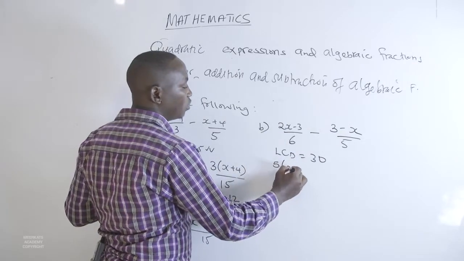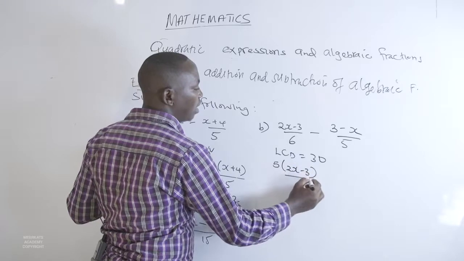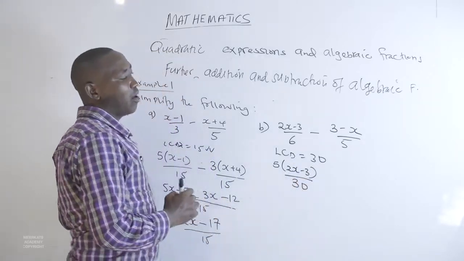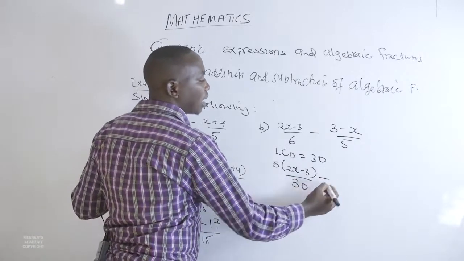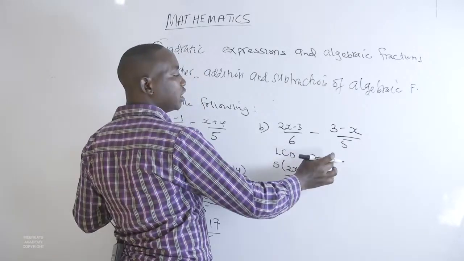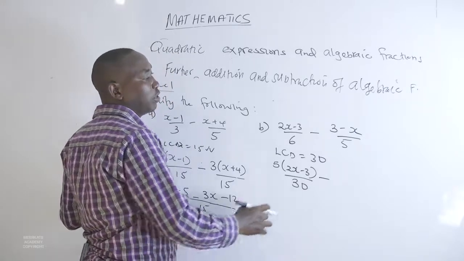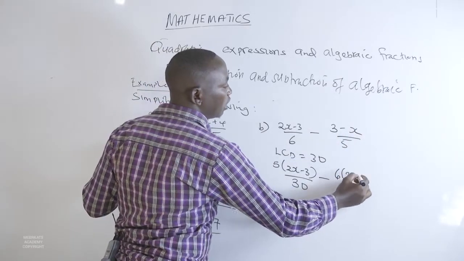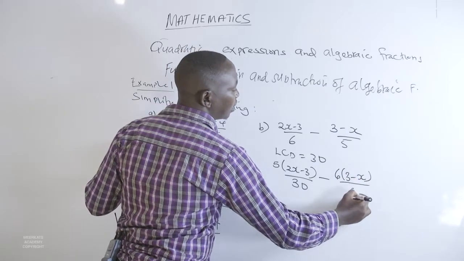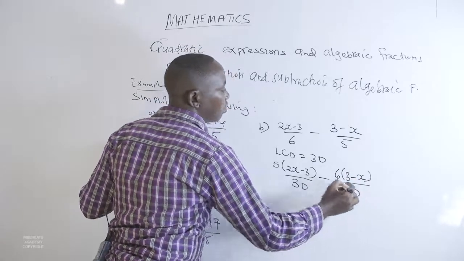This will be 5 into (2x minus 3) all over our new denominator, which is 30. We subtract. 5 goes into 30 6 times, that means we multiply the numerator by 6. This will be 6 into (3 subtract x) all over the new denominator, which is 30.